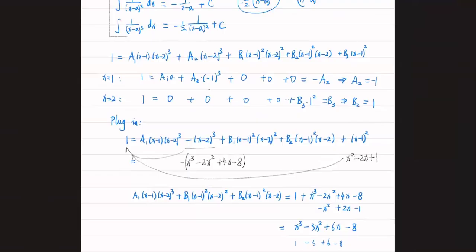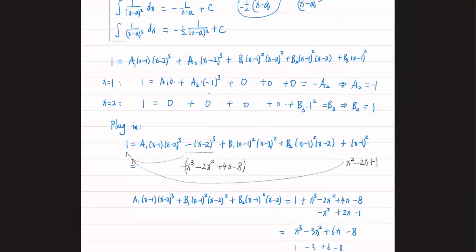X minus 1, x minus 2. Q. Okay, so here I made a mistake.